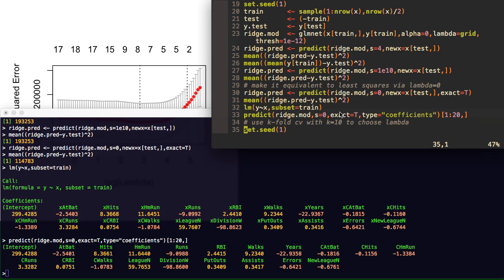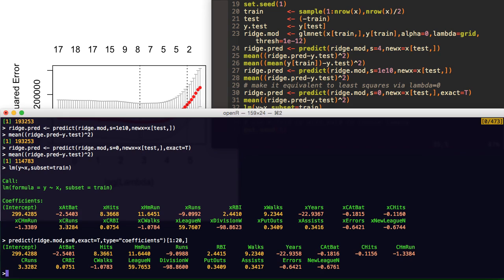And we get substantially different coefficients between them. These are the same coefficients for the least squares model and for the ridge regression model made equivalent to least squares.